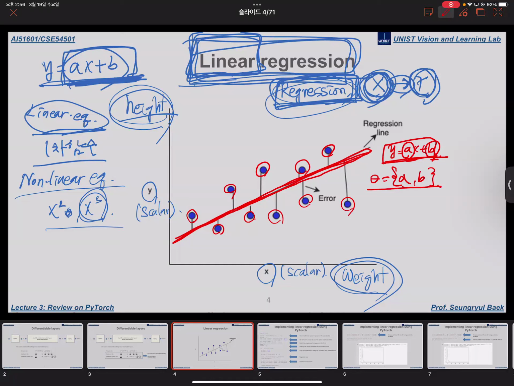Given multiple data, here we have 10 data samples, 10 X and Y samples, right? We have to define the vector, which is composed of A and B. That's the linear regression task, okay? And it can be formulated as a standard machine learning problem.